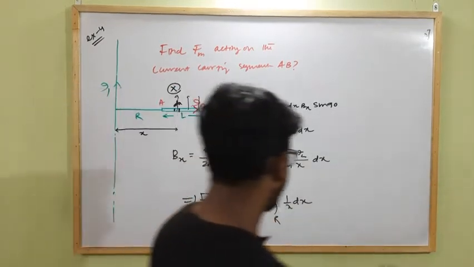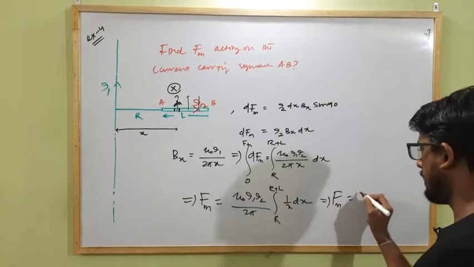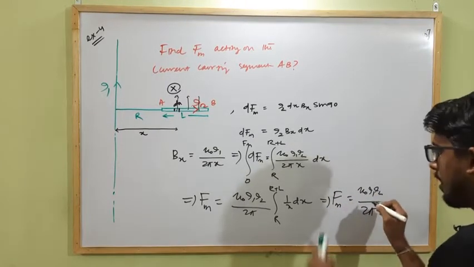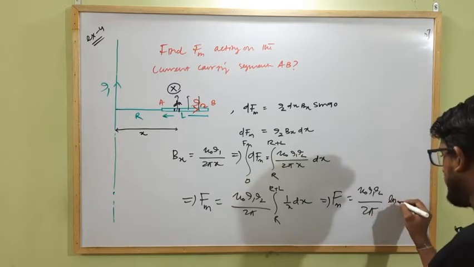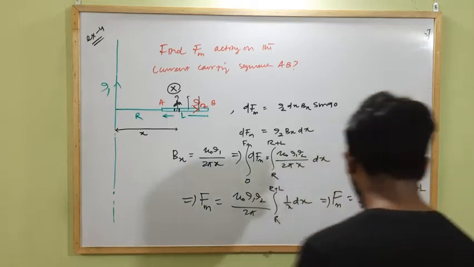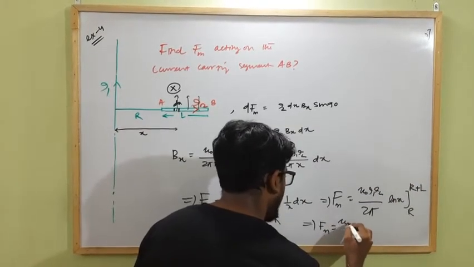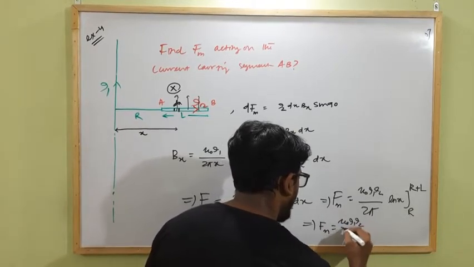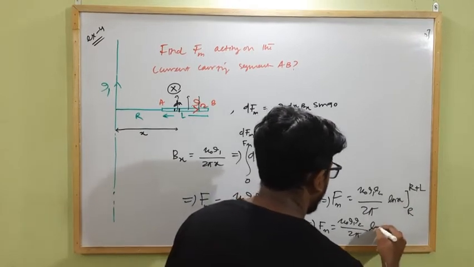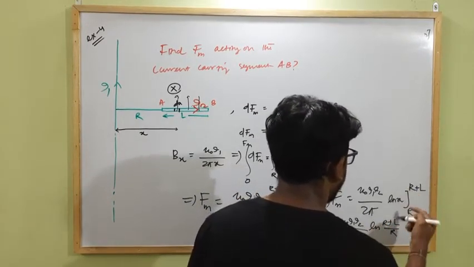Clear? Now what is integration of 1 by x dx? So this implies Fm net will be mu naught I1 I2 divided by 2 pi, and integration of 1 by x dx will be ln x, limit r to r plus L. So this implies the Fm will be equal to mu naught I1 I2 divided by 2 pi ln x, from r to r plus L, so it will be ln of (r plus L) by r, upper limit minus lower limit.